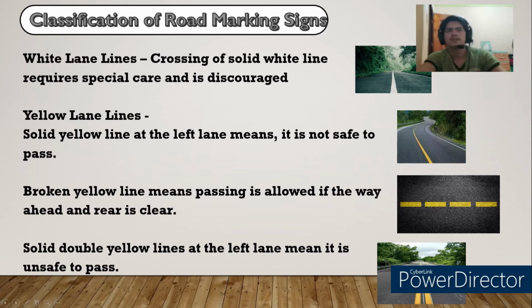The next is the solid double yellow lines at the left. Solid double yellow lines at the left means it is unsafe to pass. So this line indicates that it is unsafe to overtake at any time. So same lang din ito na nag-indicate that the traffic is going in different direction.